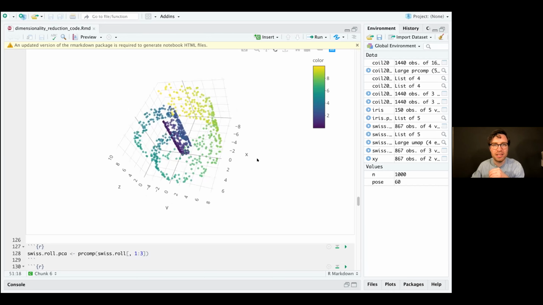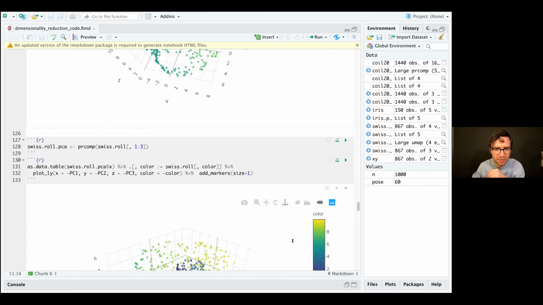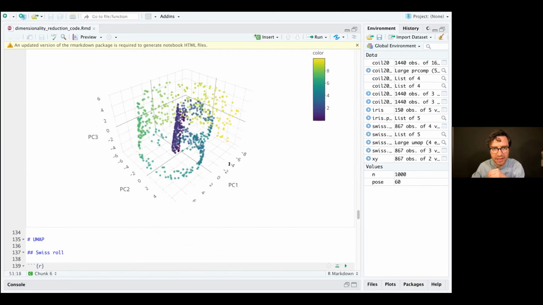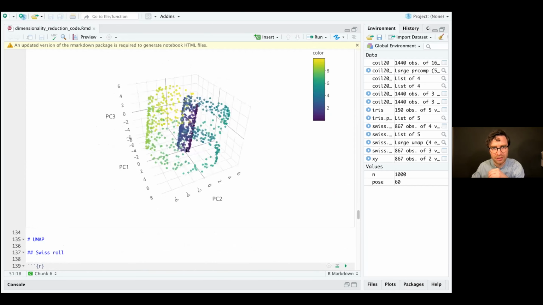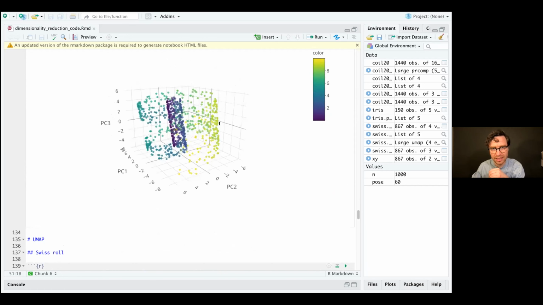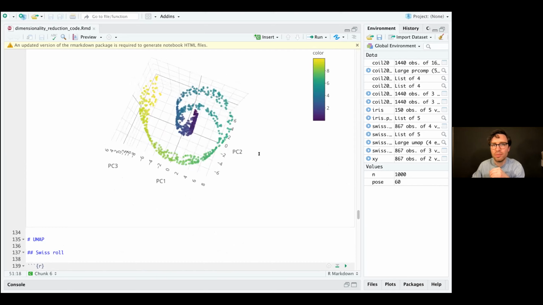Now, what will happen if you do a principal components analysis of this? The example is shown here. And this is the same data shown in principal component space, actually in 3D. And what you can see is that not much happened, right? It's pretty much the same as before.